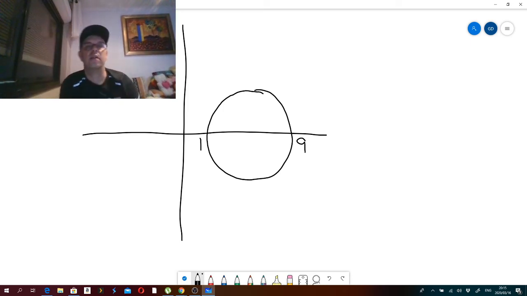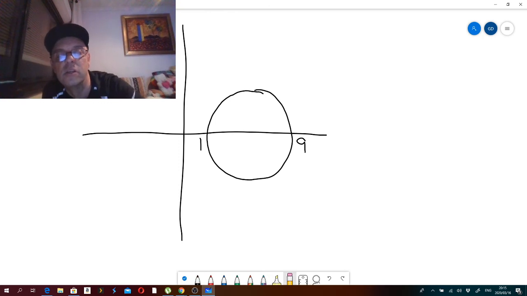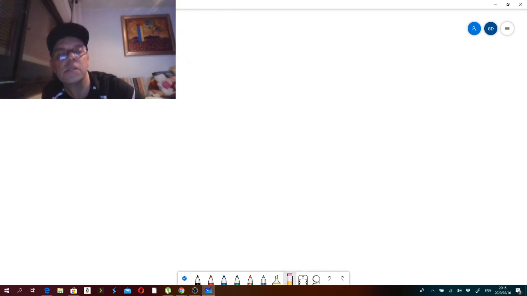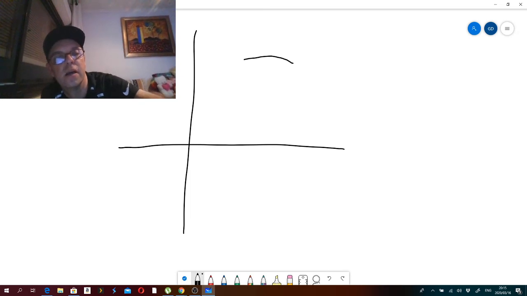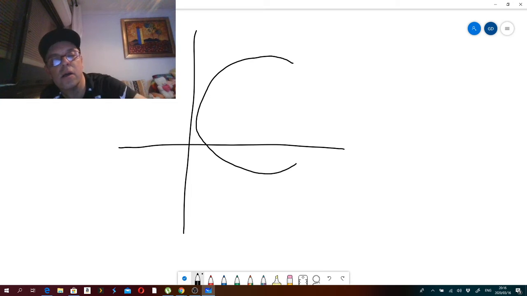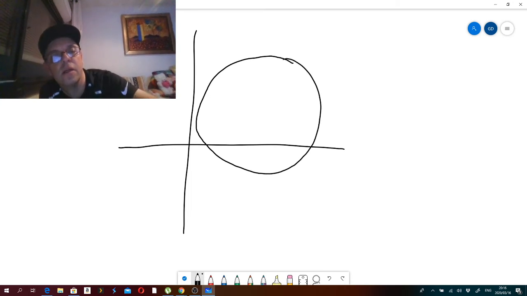Sorry, my center is not so great. I'm actually going to just redraw this quickly once. Let's just make it a little nicer, because the circle must have a center there. There's my center, 5, 3, and here are the points 1 and 9.